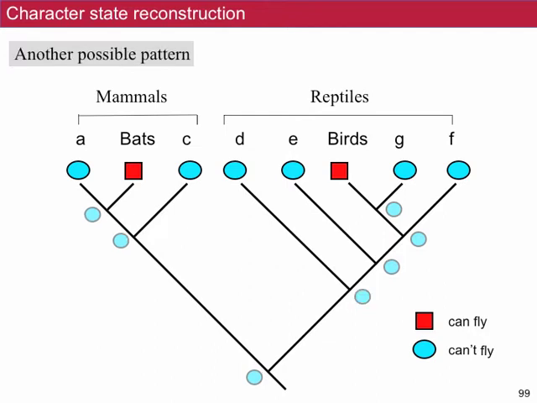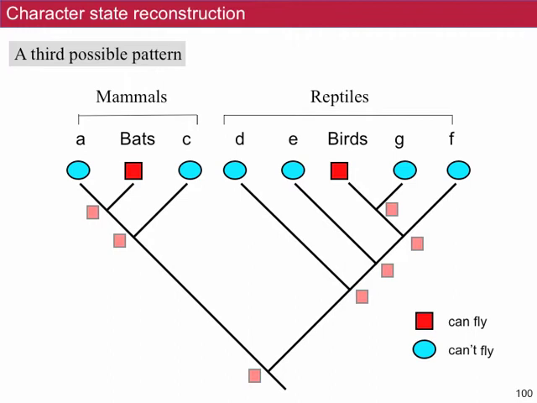Here's another possible pattern. This is the one I showed you, with even the ancestor of bats and other mammals not flying, and the ancestor of birds and other dinosaurs, or whatever they're related to, not flying. And here's a third pattern where the ancestors all could fly in every one of the positions.